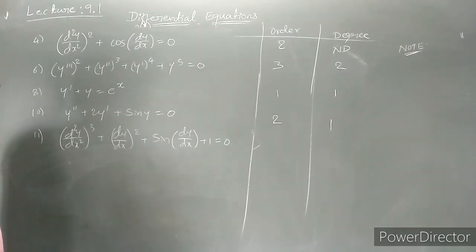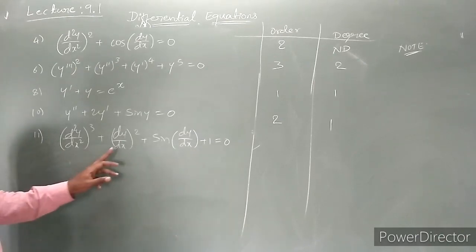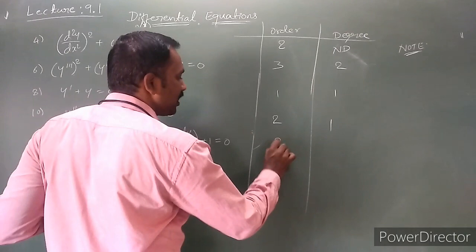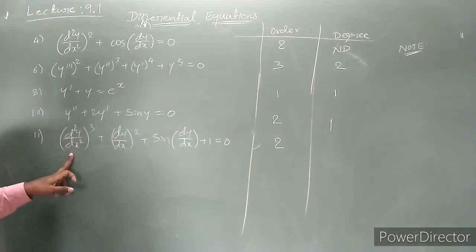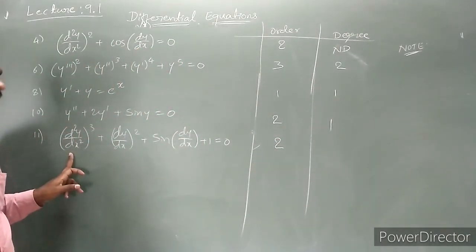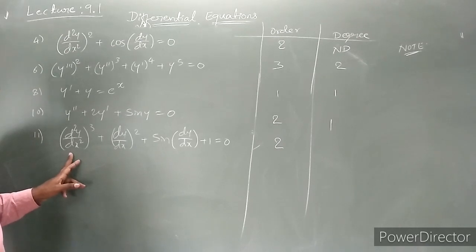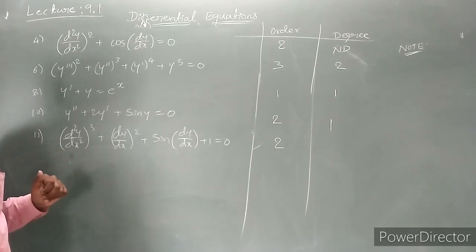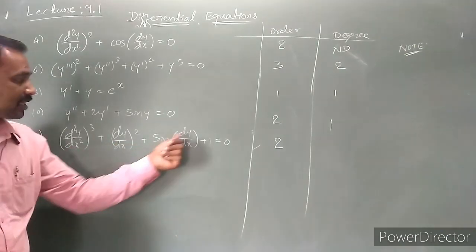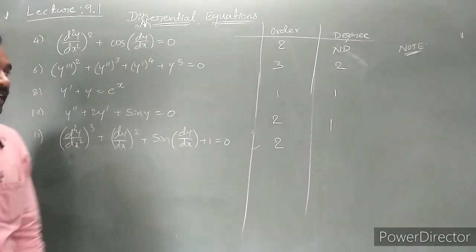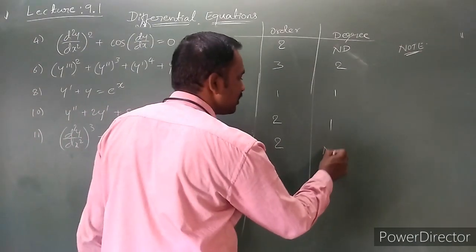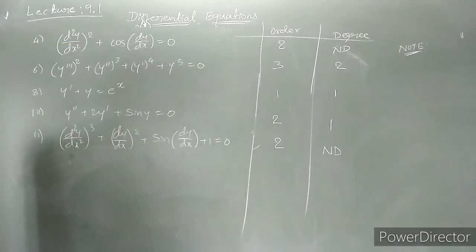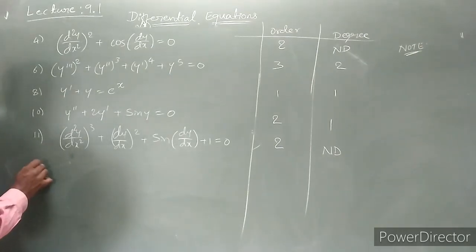The highest order derivative is d square y by dx square, so the order is 2. What is the degree? Since sine has a derivative in place of the angle, the degree is not defined. One more problem.